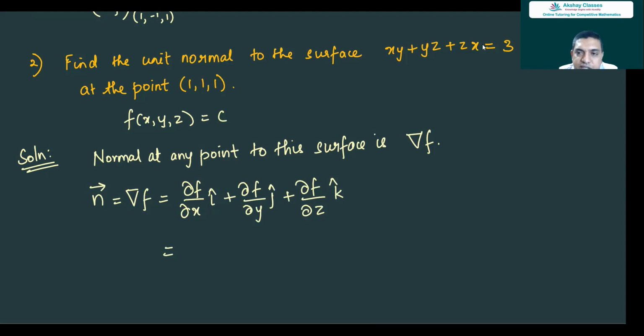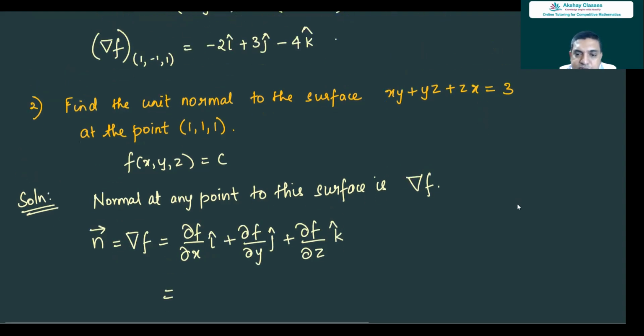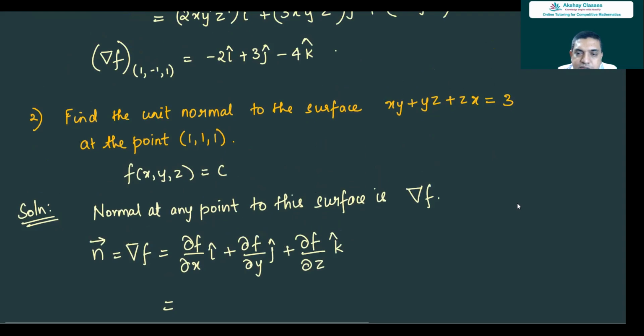So differentiating this partially with respect to x first, we get y plus z. Then differentiating f with respect to y, we get x plus z. And differentiating f with respect to z, we'll get y plus x.